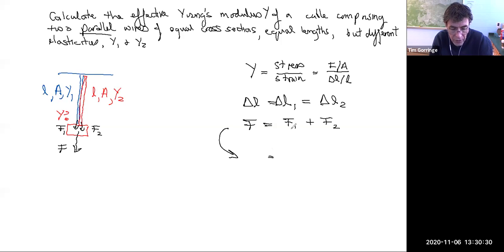So if I substitute for the force on the left-hand cable in terms of the area of the cable, the length of the cable, the elongation of the cable, and the Young's modulus of the cable, I'm going to get the following.